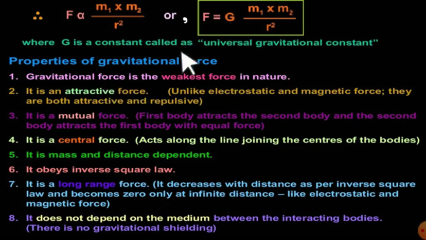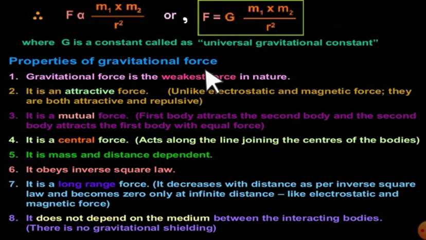Let's see some properties of gravitational force. Gravitational force is a weak force in nature. This is the weakest force, I should say. There are four types of forces in nature. The first is gravitational force. The second is electromagnetic force.